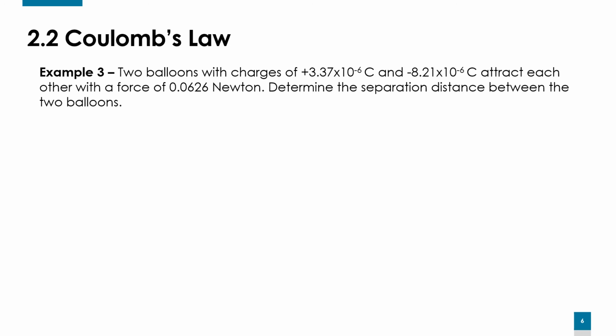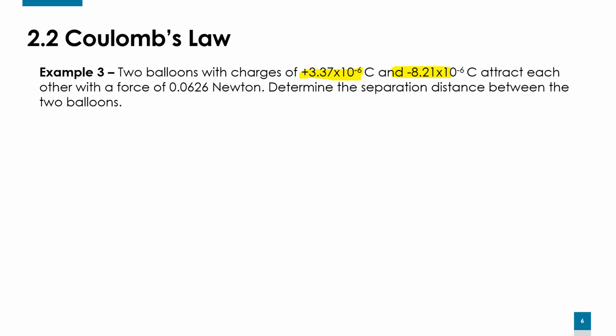Okay, I read one time. Now, what am I going to do? Read again and highlight the variables that were given. So two balloons with a charge of 3.37 times 10 to the power of minus 6 and minus 8.21 times 10 to the power of minus 6.